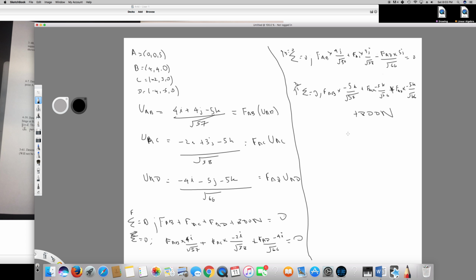We can multiply, add and subtract all together. If you see, all the z values are the same, so if you subtract, each will cancel. Look at the first equation, FAC times negative 2 over square root of 38, and in the second equation, FAC times 3 over square root of 38, so you can simply multiply, add and subtract.